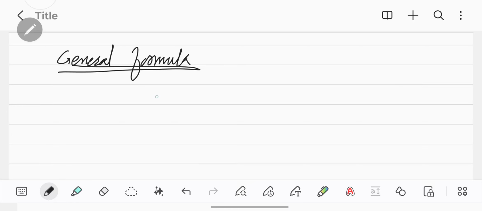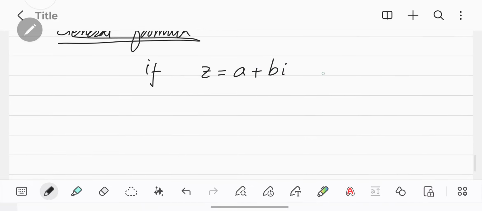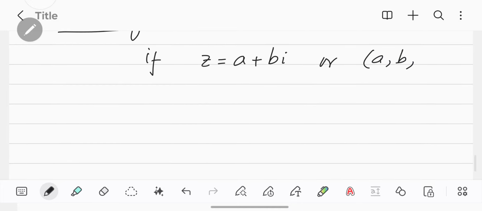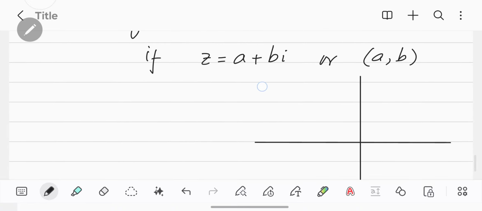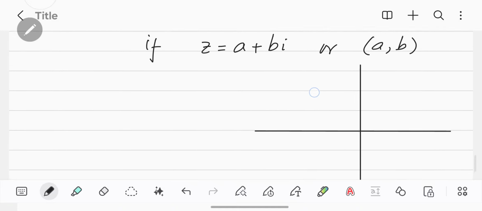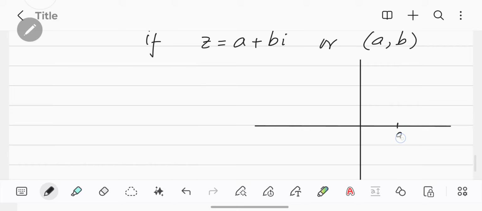The general formula says if z is a complex number whose real coordinate is a and whose imaginary coordinate is b, or you can write it in this way, a comma b, then we can first draw this complex number on the graph. Suppose this is your a and this is your b. So this is the point a plus b iota.